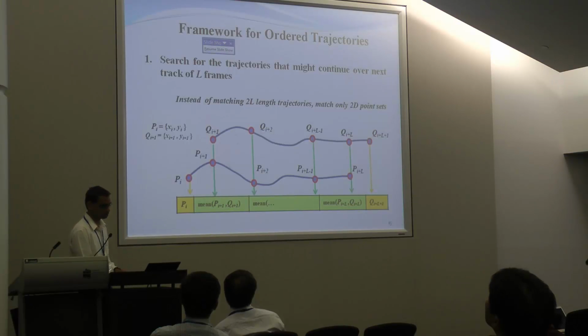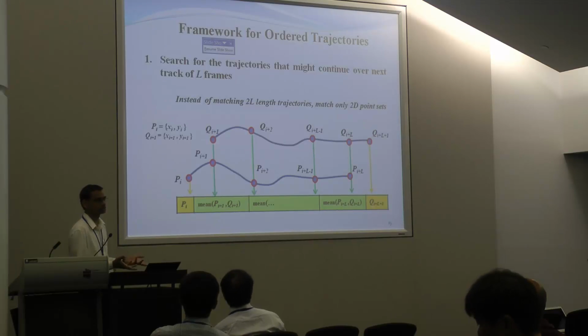We will not compare all the points. We just compare the second point of the first trajectory and the first point of the second trajectory. If this distance is less than a threshold, which has been chosen based on the dense trajectory computation, then we label it as a trajectory that continues from the next frame. It's a very simple technique.